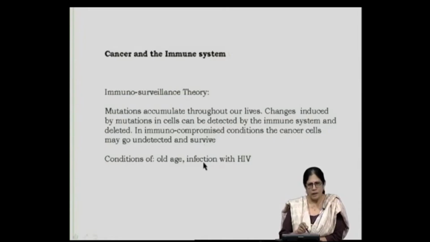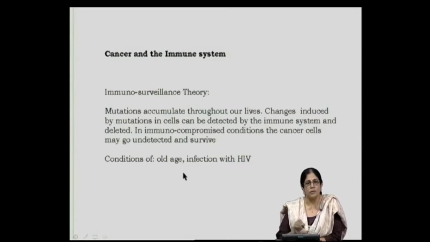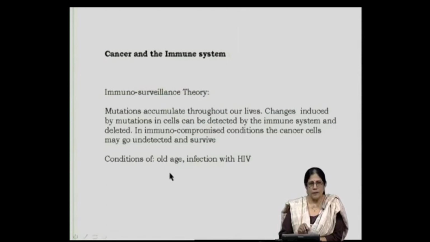Now, is there any evidence for what I have said just now? Yes, there are two examples that I can quote. Conditions of old age. I have discussed this several lectures ago, that the efficiency of the immune system starts to decrease with age. Now, it has been seen that not all, but several cancers appear beyond a particular age.